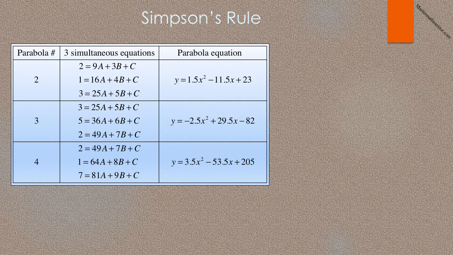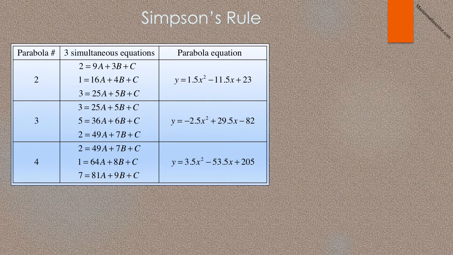So, for parabola 2, joining the points (3,2), (4,1), and (5,3), our equations are 2 equals 9a plus 3b plus c, 1 equals 16a plus 4b plus c, and 3 equals 25a plus 5b plus c. Doing our matrix work, we get y equals 1.5 x squared minus 11.5 x plus 23.